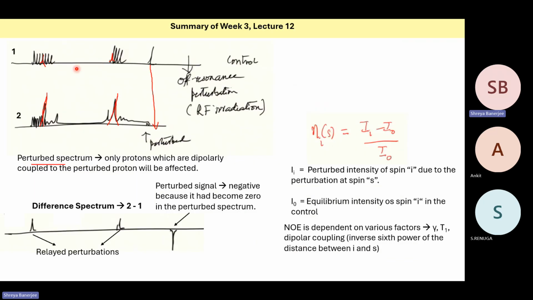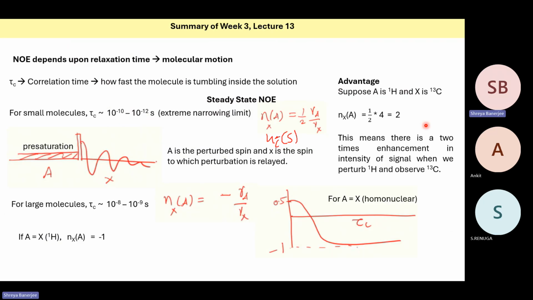So if you imagine this, suppose this is the signal of hydrogen and you have the signal of carbon. After you perturb the signal of hydrogen, the signal of carbon will increase 2 times in intensity according to this formula. So this is an advantage of the NOE.